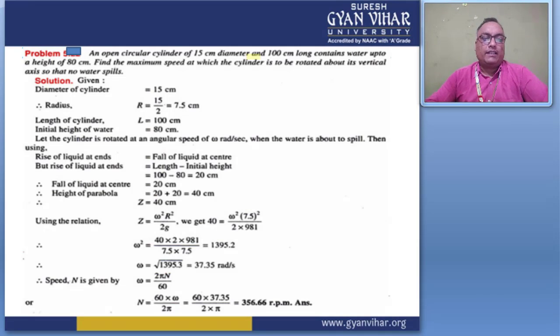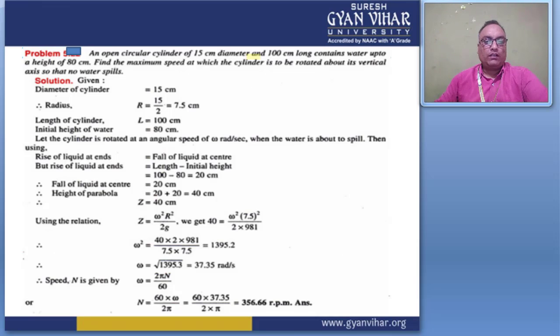Means the height of the liquid is 80 cm, and the diameter is 15 cm, so the radius is 15 by 2, which is 7.5 cm. The full length of this cylinder is 100 cm and the initial height of the water is 80 cm. Find the maximum speed at which the cylinder can rotate.